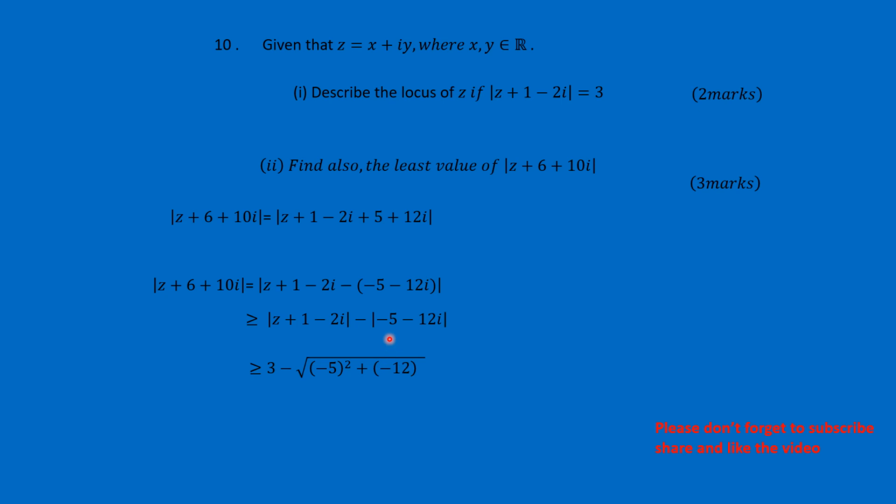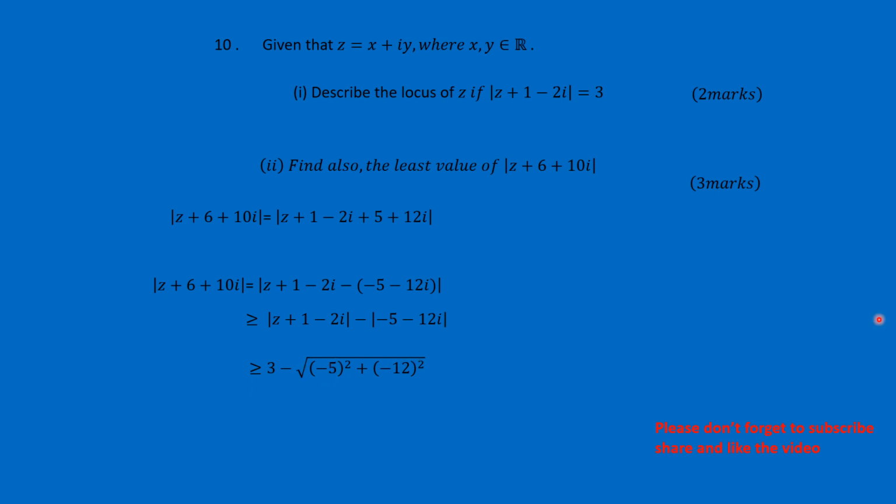And for this one, this is a complex number where you can get a modulus. The modulus of this complex number is 13. That's 5 squared, the real part squared, plus the imaginary part squared, all under the square root. 5 squared is 25, 12 squared is 144. When we add the two, we get 169. Square root of 169 gives us 13.